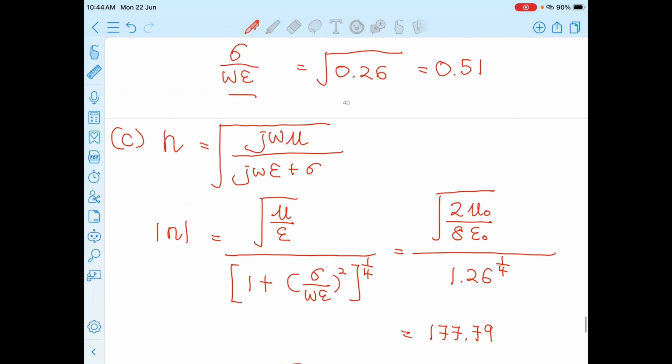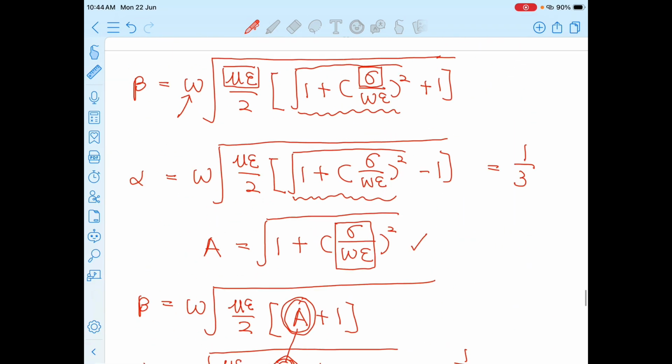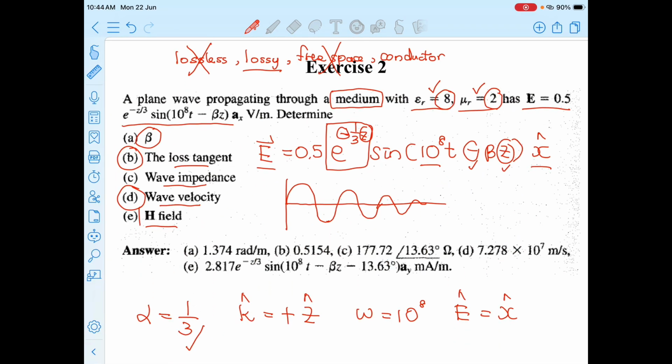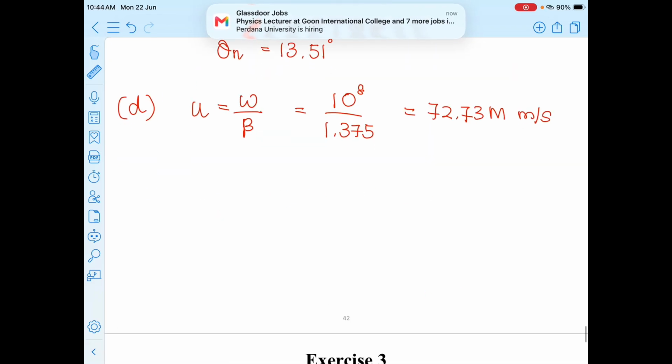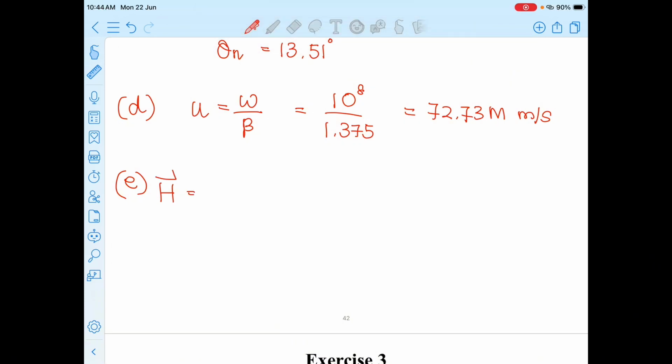Last one of this question is the H field formula, the magnetic field formula. For the magnetic field formula, we can just generally write it down.